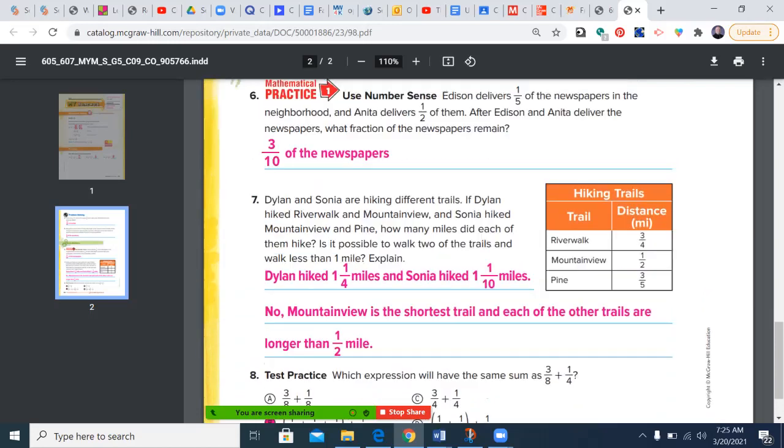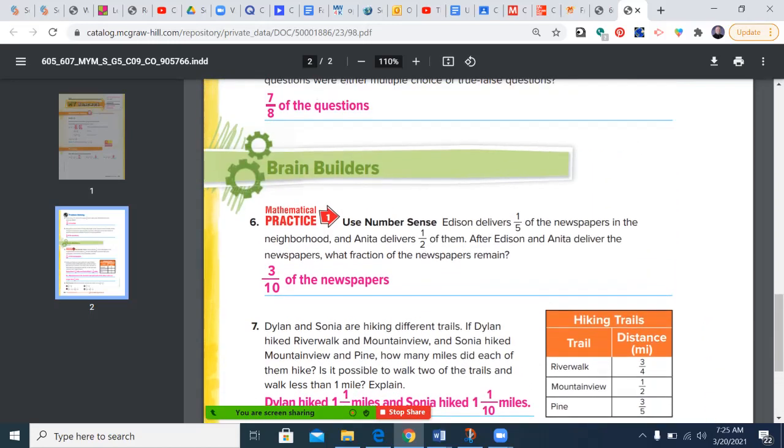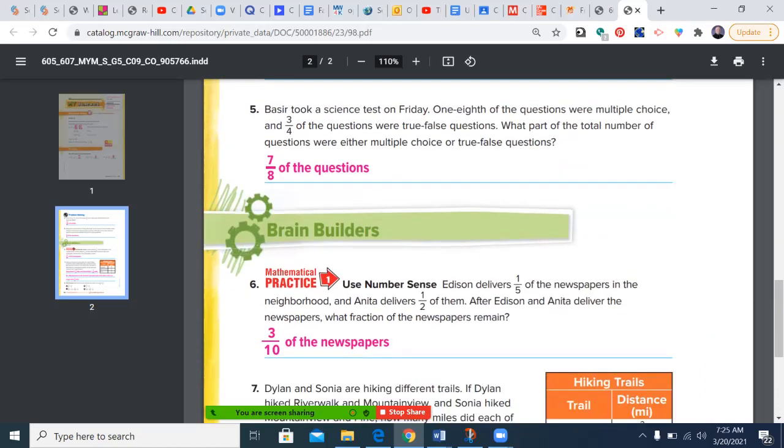Going through here, you may notice that the least common multiple is always at least as large as the larger of the denominators, because we are skip counting essentially. If we were doing 5 and 2, 2 times 1, 2 times 2, 2 times 3, 2 times 4, 2 times 5, 5 times 1, 5 times 2 before you get to that answer.